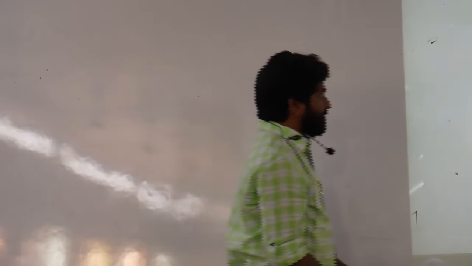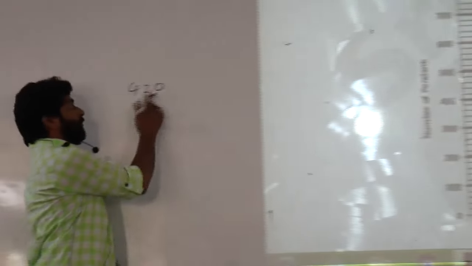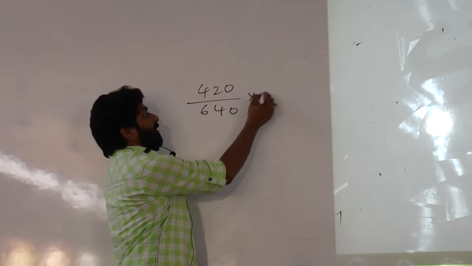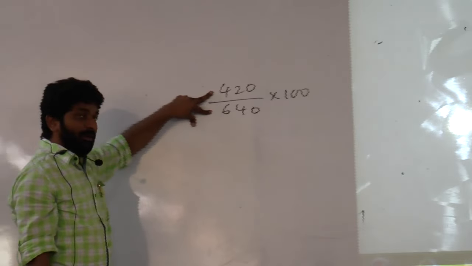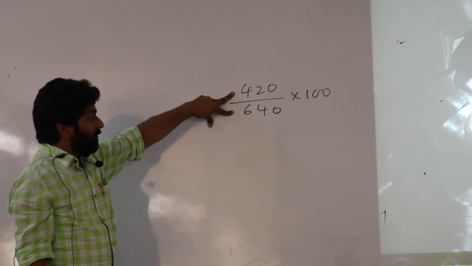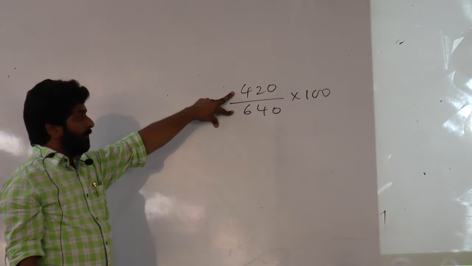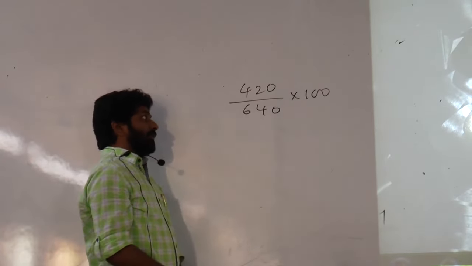S in March is 640. Right. 420 is what percent of 640 into 100? What is the difference between numerator and denominator? 220, right? Not possible. If you had 430, you could do it.